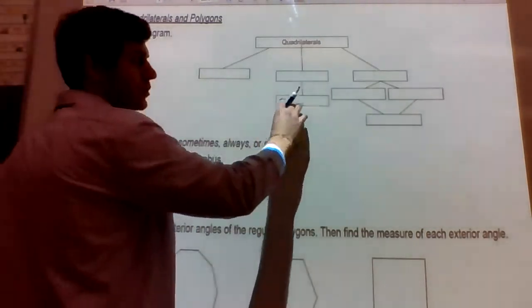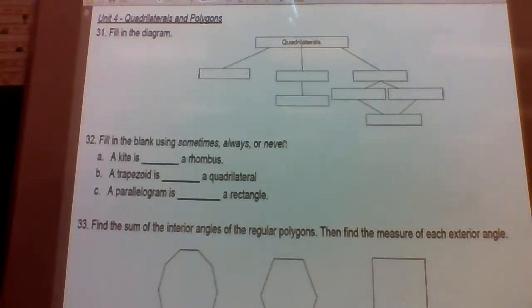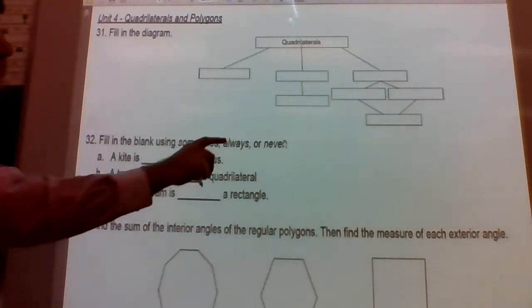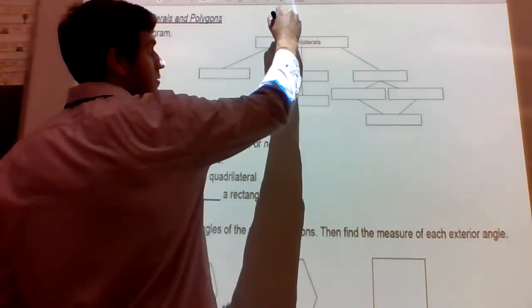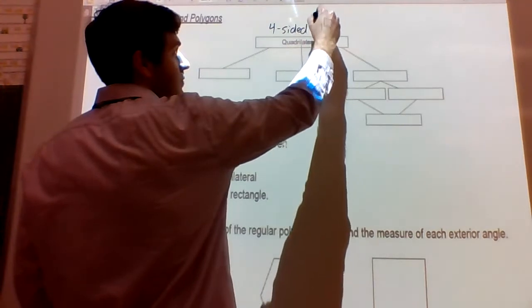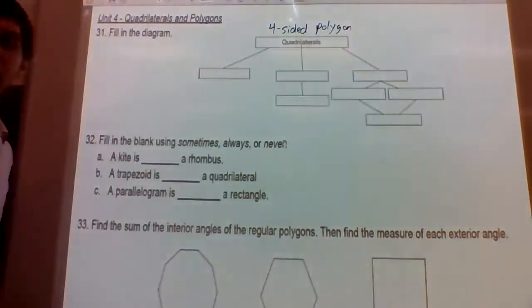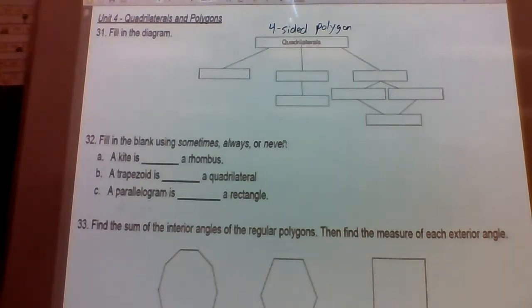So we had 7 special quadrilaterals that we talked about, and it wants us to fill in those 7 special quadrilaterals where they fit. A quadrilateral was a 4-sided polygon. A polygon was a 2-dimensional object where all the sides were closed.